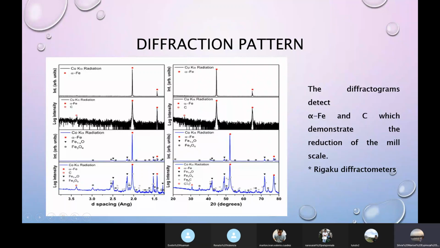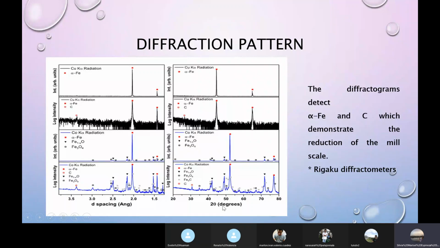The X-ray patterns in the figure are given in linear and logarithmic scale in order to reveal possible hidden peaks. On the left side, the pattern with respect to angle is given.